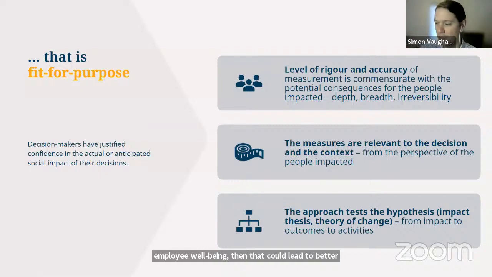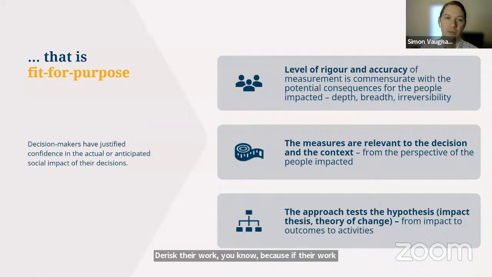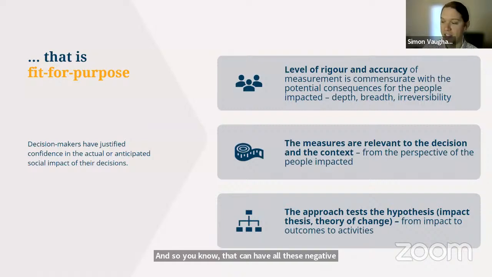Similarly, we work with organizations who want to understand the impact of their work on the community they're working in so they can de-risk their work, because if their work is going to have negative impacts for the community, that can mean people won't want to work for them in the long term, and that can have negative implications for them too. So definitely not an either-or, and these things can often work together.